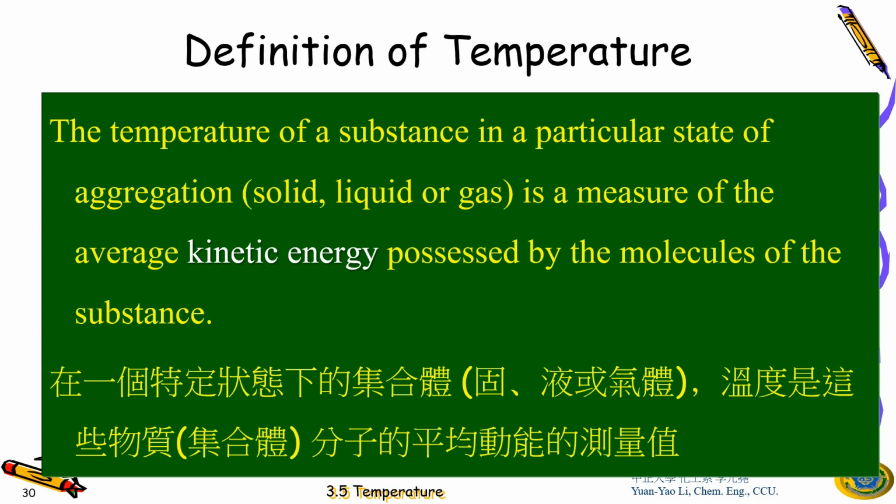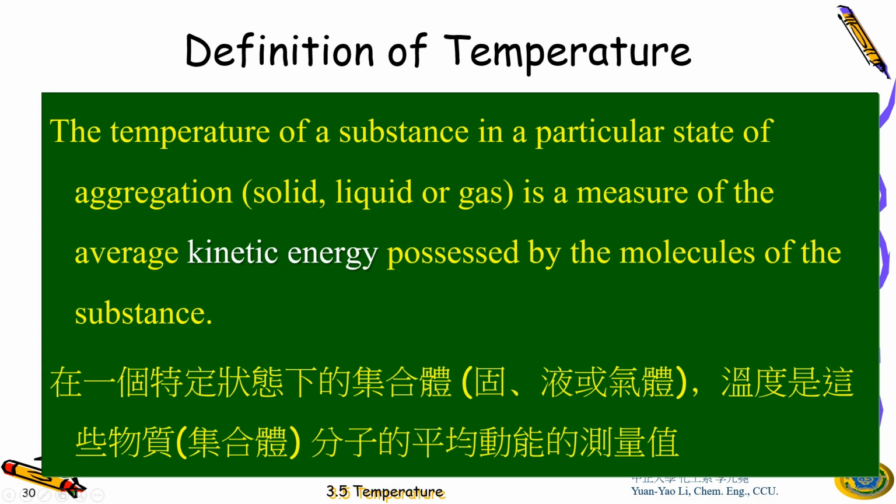So the temperature of a substance in a particular state of aggregation, temperature can be measured in solid, in liquid, or in a gas, is a measure of the average kinetic energy. You need to remember, kinetic energy possessed by molecules of the substance.